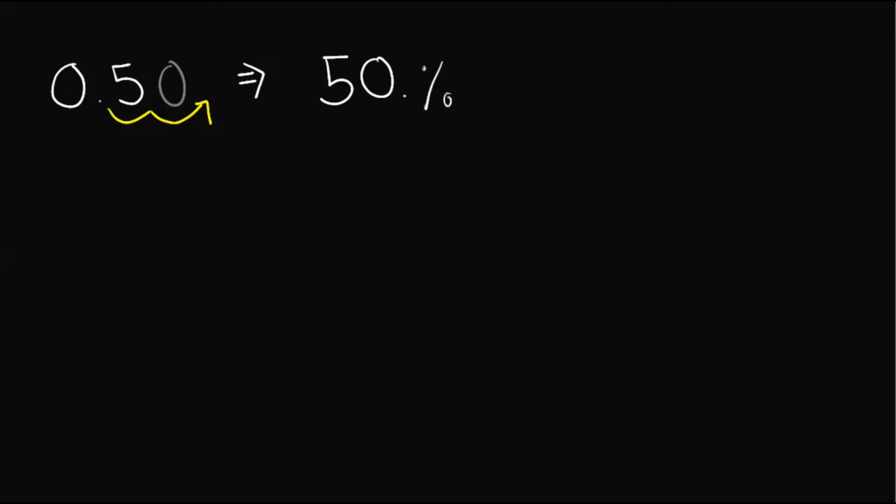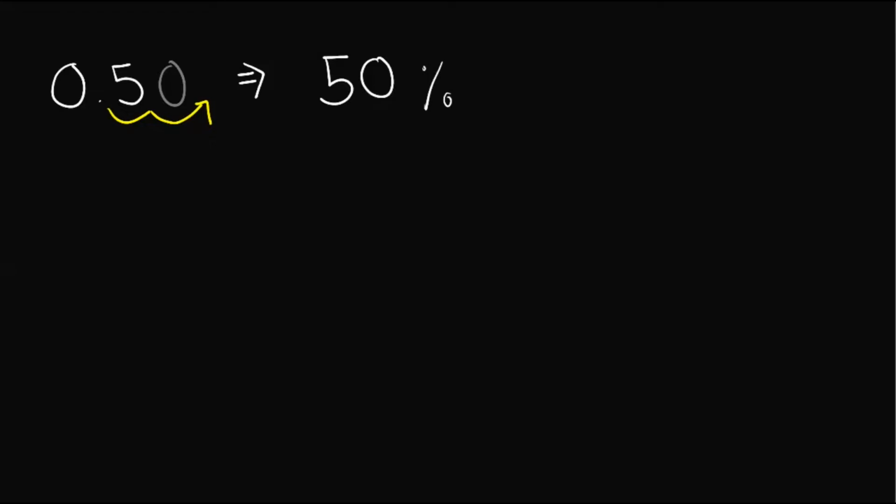Or simply, we can remove the decimal point out here, since it's the same. So that is how we convert decimal to percent. We simply move the decimal point 2 times to the right.